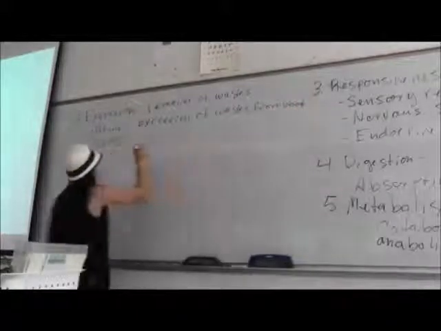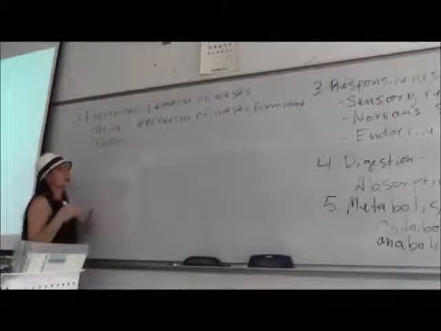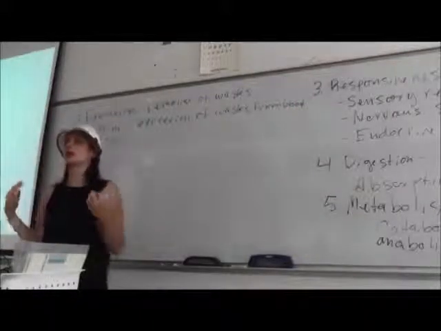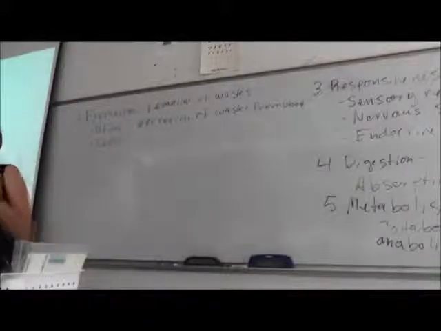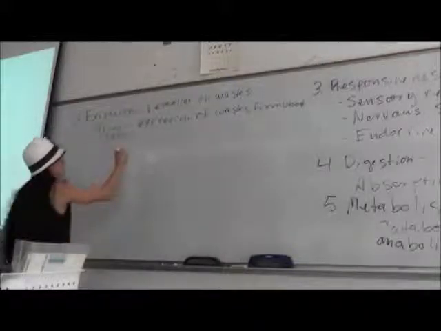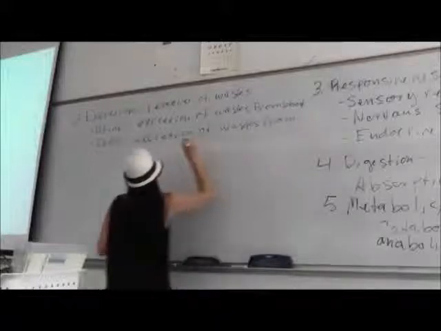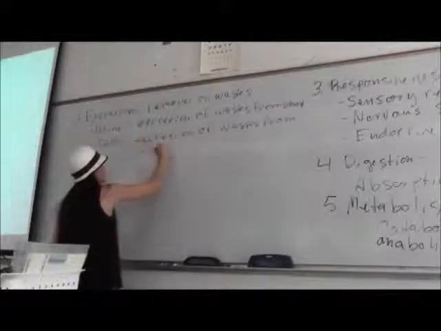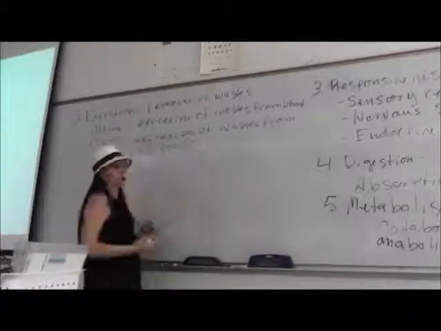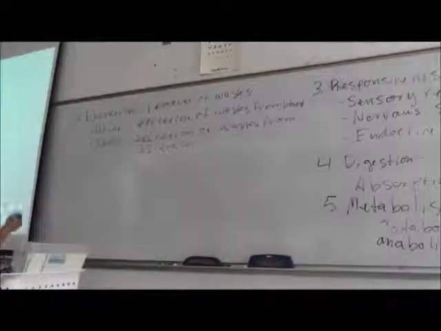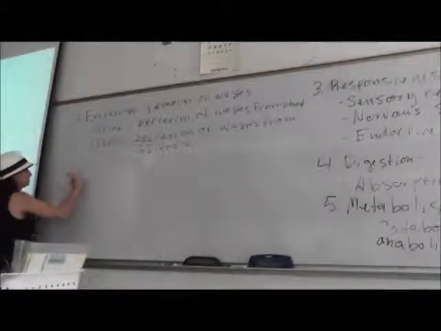And feces is going to remove or excrete waste from like undigested materials, everything that you're not using from that meal you just ate. So we'll say this is the excretion of waste from our GI tract, which is the gastrointestinal tract.